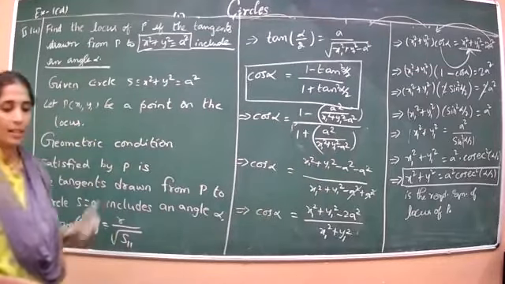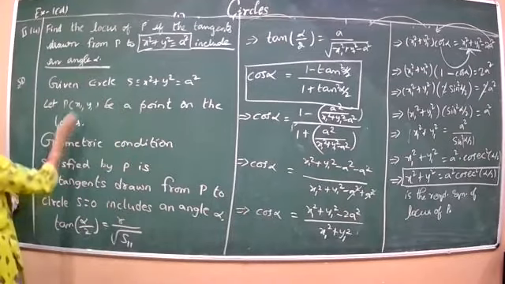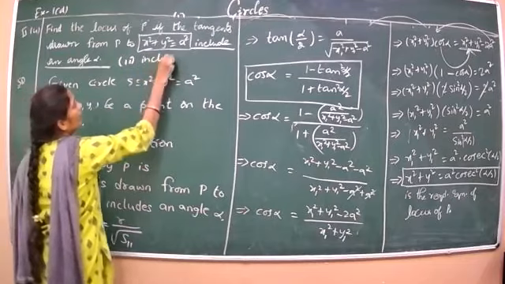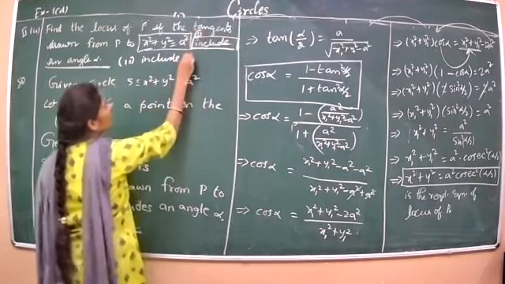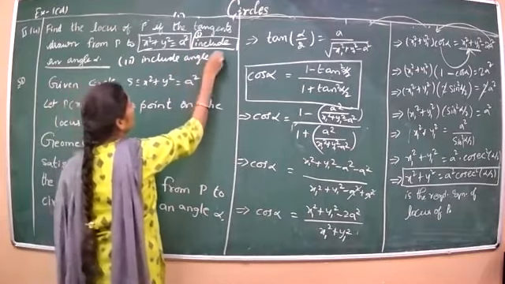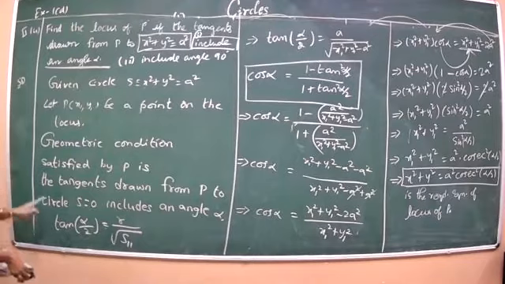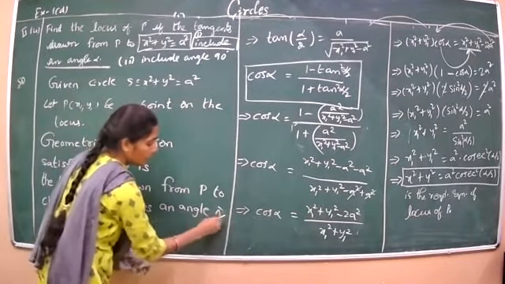The same question, instead of angle alpha, if we are asking, second question I write, include angle, this is first part, include angle 90 degrees. That means the tangents drawn are at 90 degrees. Then includes angle 90 degrees or pi by 2.